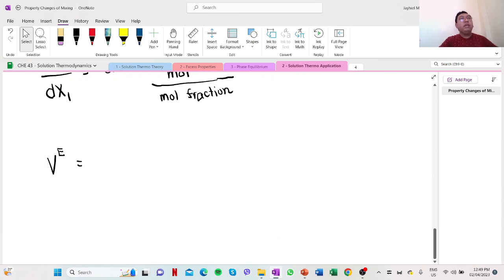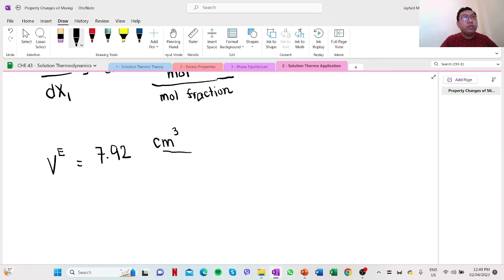That will be 7.92. So from this one, you can realize that it's a positive value. So there is actually expansion that takes place after mixing or after forming a mixture containing 40 mole percent of component 1 because the value of the excess volume is positive.